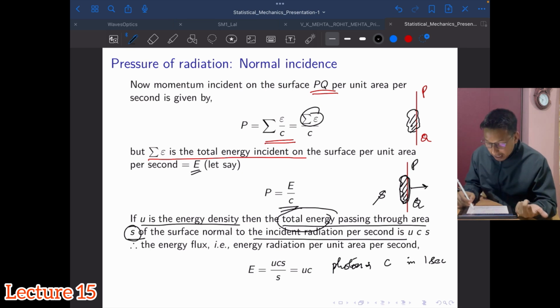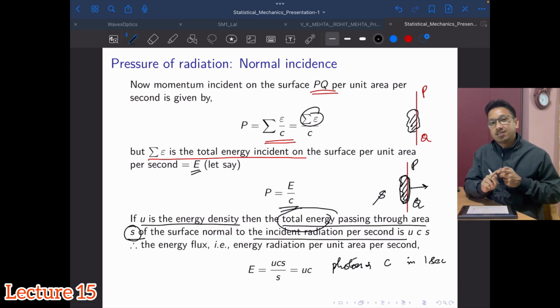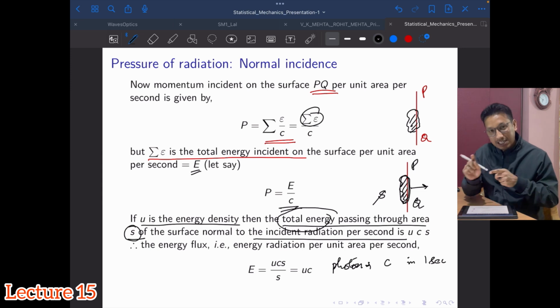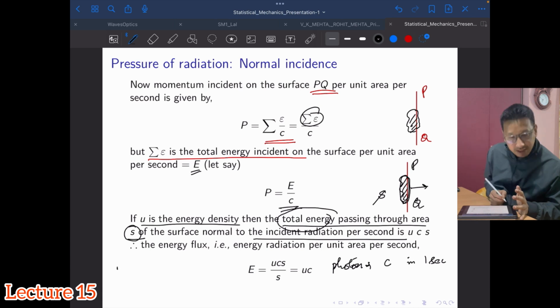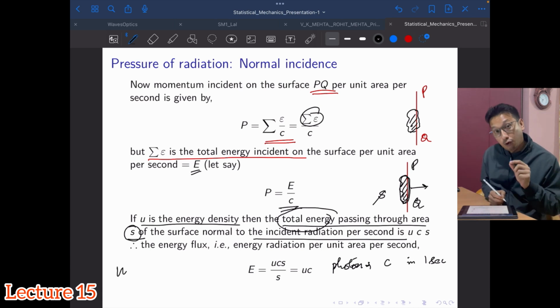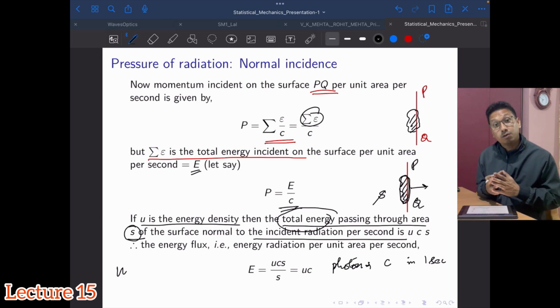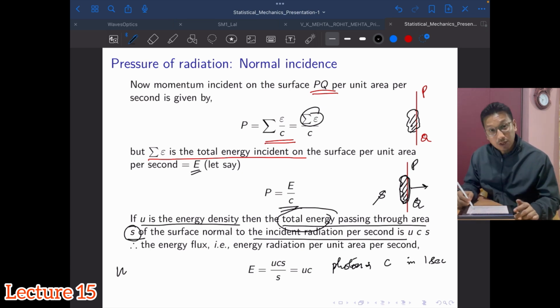I know the energy density, which is energy per unit volume. So energy density multiplied by volume will give me the total energy. How will I get the volume? Area into height.